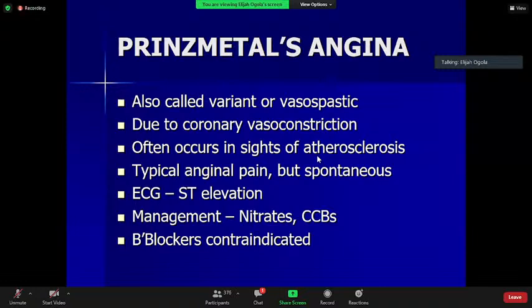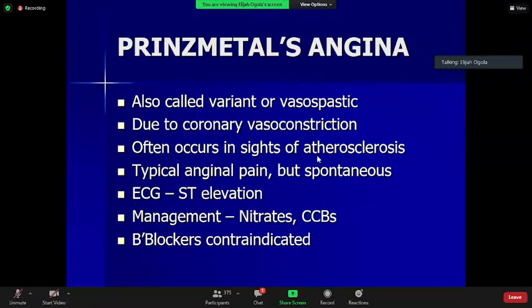It presents with the same typical anginal pain, but unlike stable angina, which you remember we said the pain is precipitated by exercise or physical activity and resolves on rest, in this case, because it is due to vasospasm, which occurs spontaneously, the pain is spontaneous.